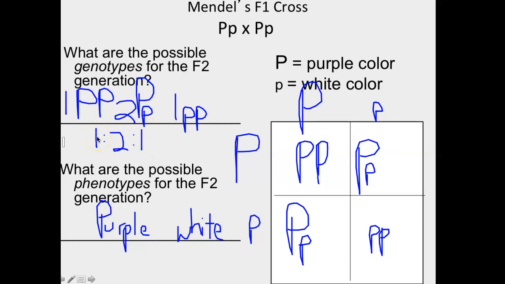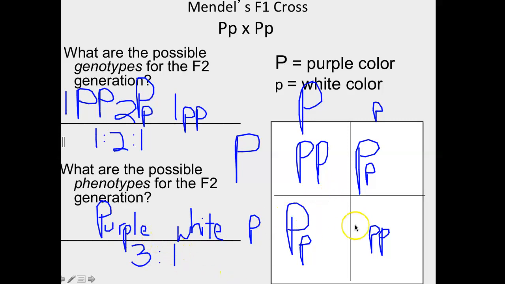Okay? It just means that this is the ratio. If you had 1,000 offspring, you would find a ratio of 1 to 2 to 1 in their genotypes. In their phenotypes, you have 3 purples for every 1 white flower. All right, that's their phenotypic ratio. Another way of thinking about this is in terms of percentages, because we have 4 boxes.